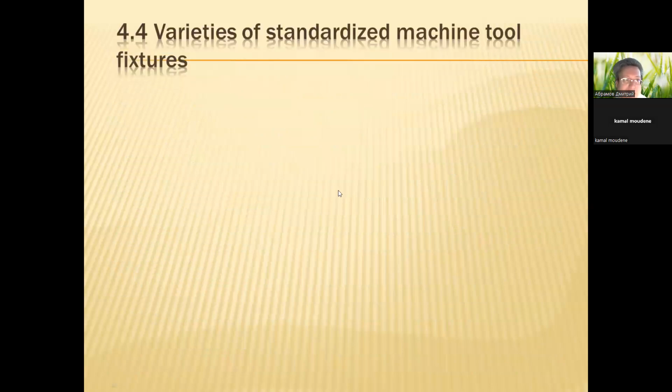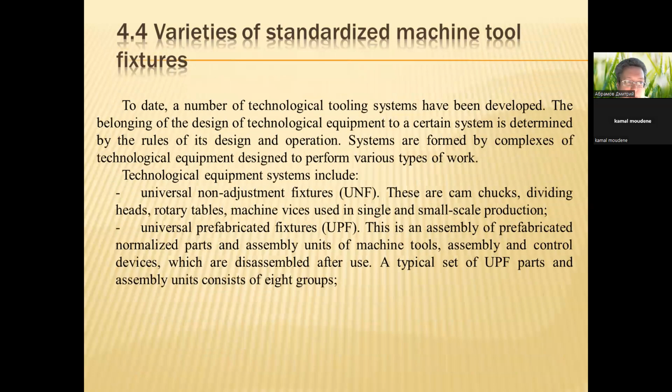And now we have item 4.4, varieties of standardized machine tool fixtures. To date, a number of technological tooling systems have been developed. The belonging of the design of technological equipment to a certain system is determined by the rules of its design and operation.